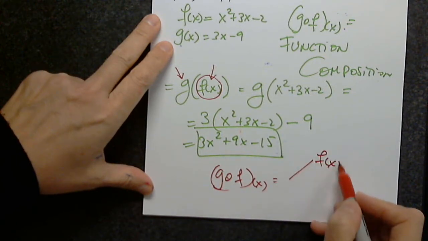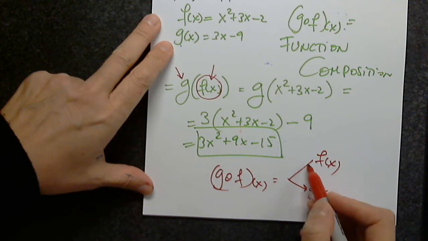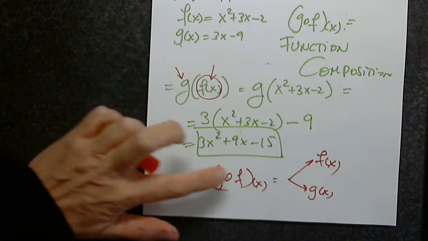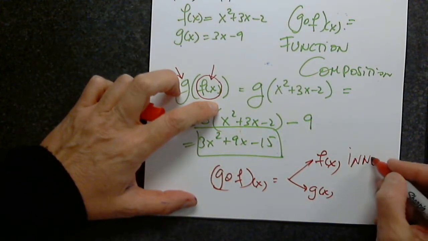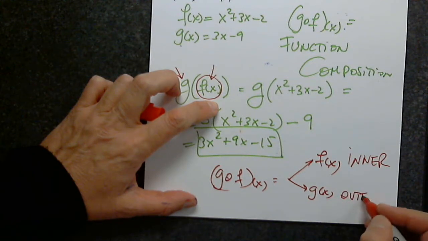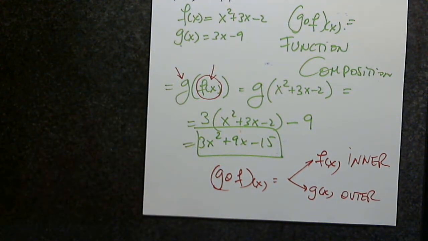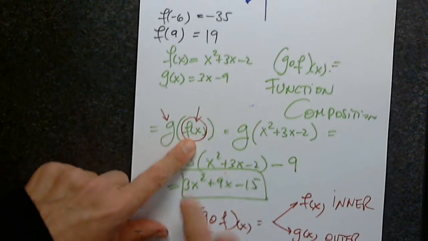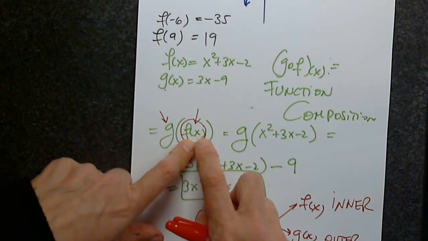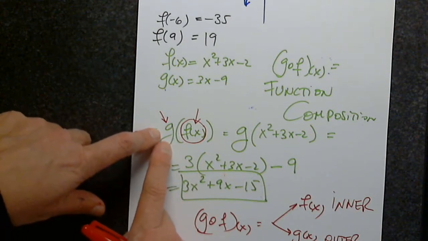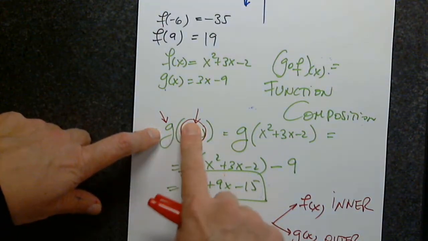What is f of x called and what is g of x called? Inner and outer. Very good. Why is f of x inner? Because it's the first function we apply to x. Why is g the outer? Because g is applied to this.